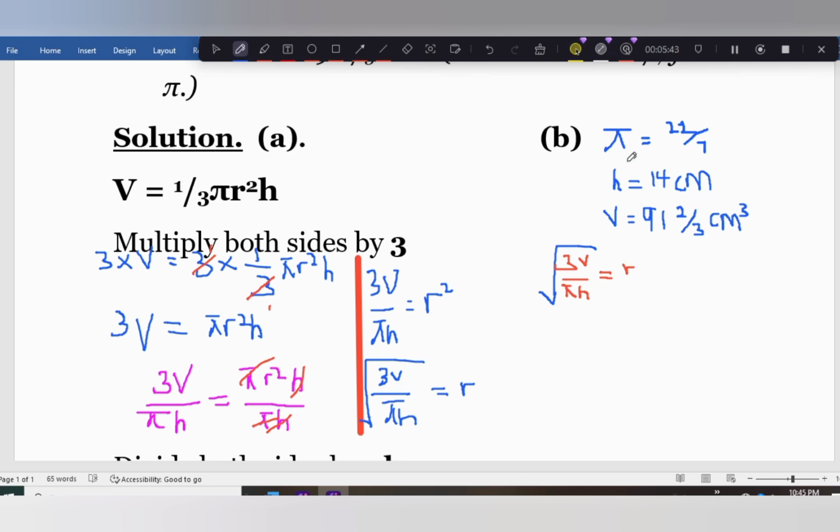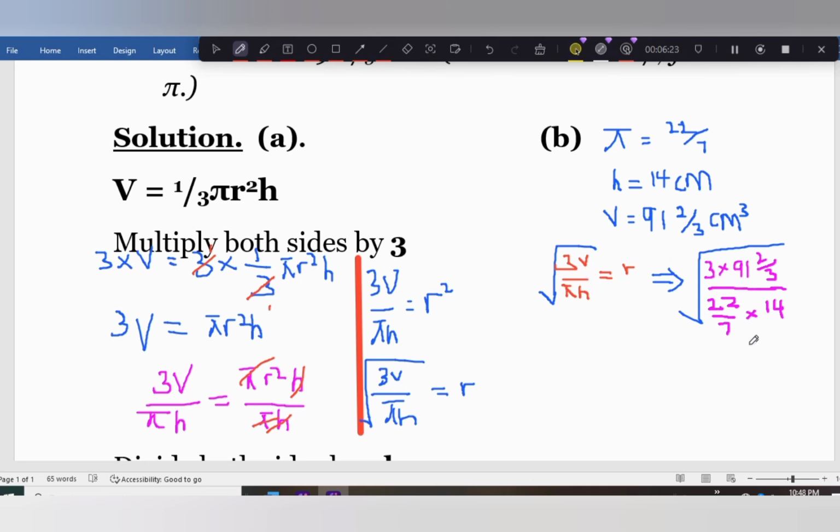So we want to substitute this in the formula we just obtained, which is r equals the square root of 3V all over pi h. So we have substituted 3 times V, where V is 91 2/3, and pi h, 22/7 times 14.